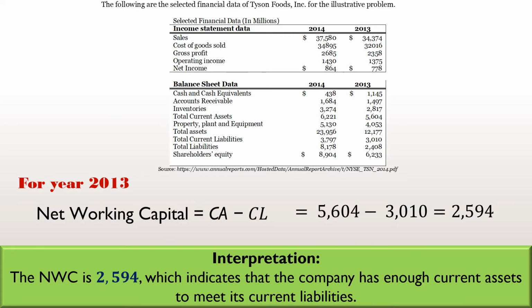Based on the given financial data of Tyson Foods Incorporated for year 2023, the current assets is 5,604, while the current liabilities is 3,010. So the difference between current assets and current liabilities is 2,594, which indicates that the company has enough current assets to meet its current liabilities.